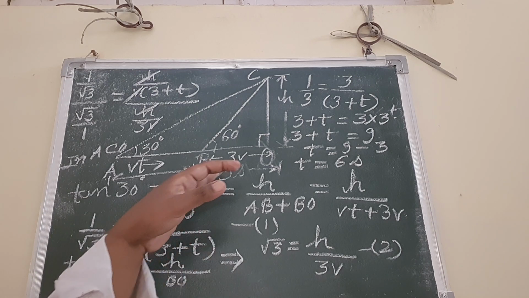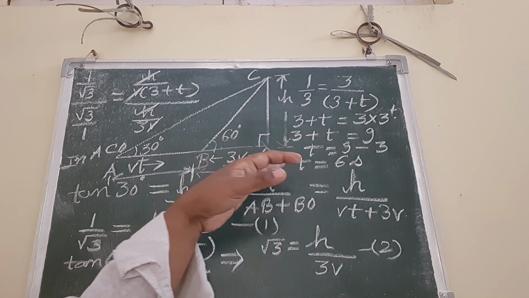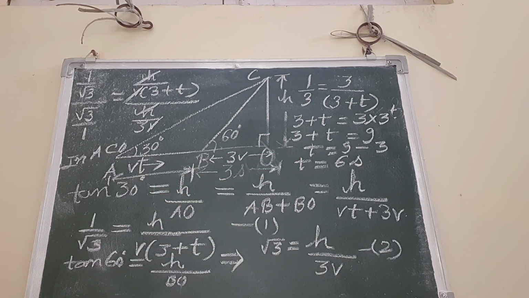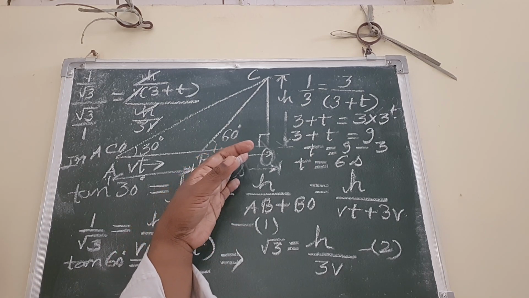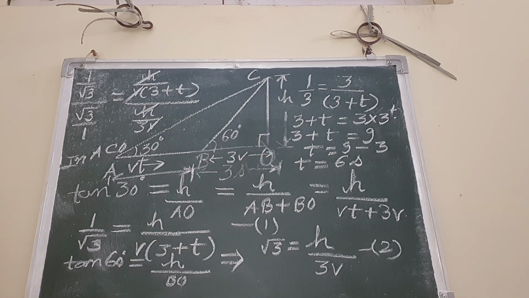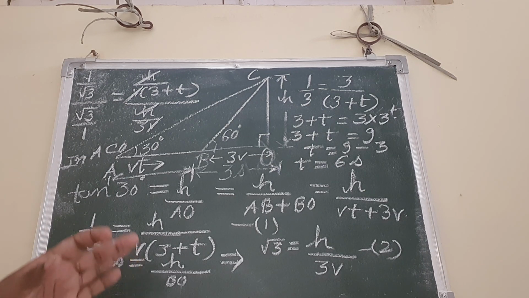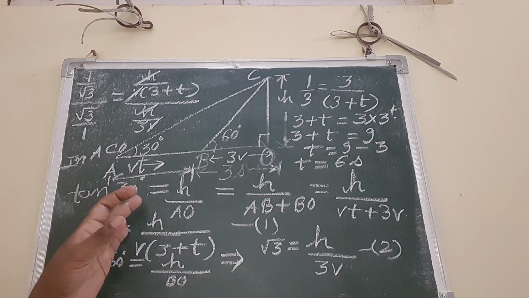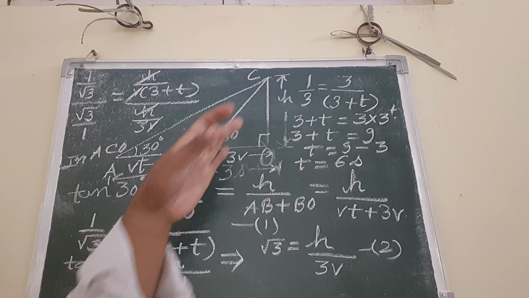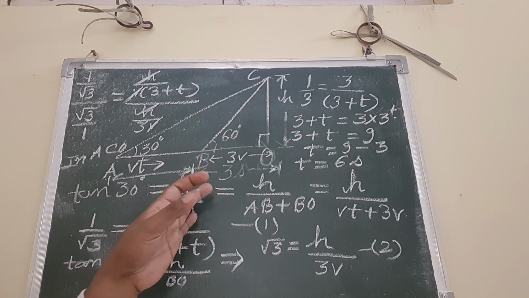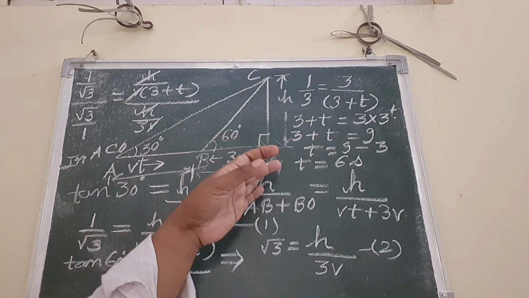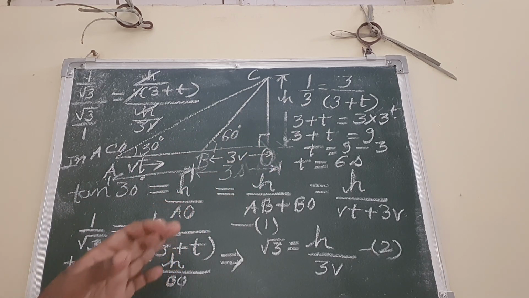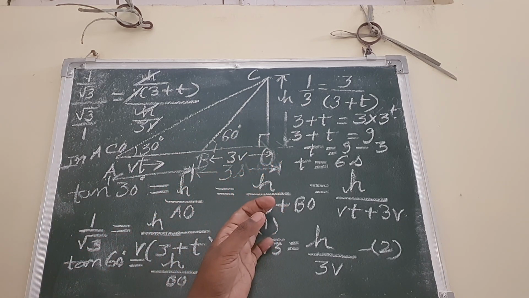and here BO length will be, it takes 3 seconds, so it will be 3 into v, v is the velocity, so it will be 3v. Now we can write tan 30 degree. Tan 30 degree is opposite side, that is height, upon AO. So it will be height upon AO.